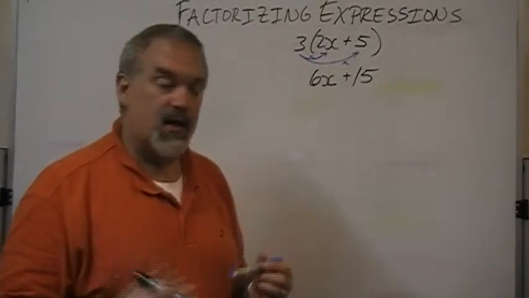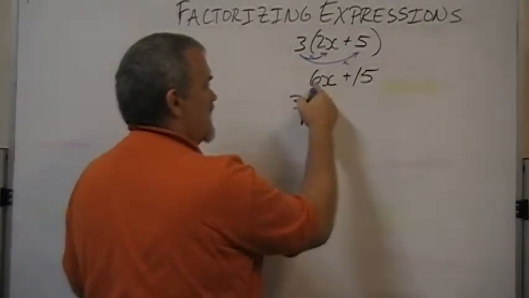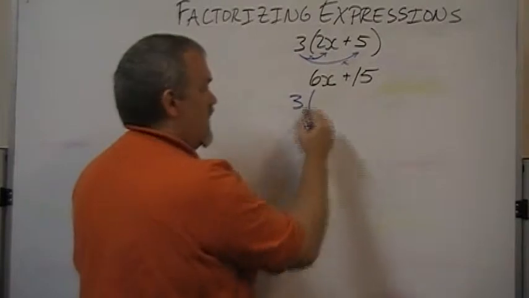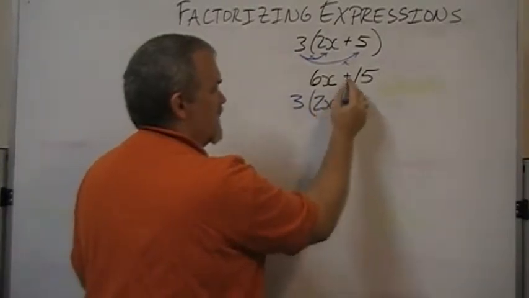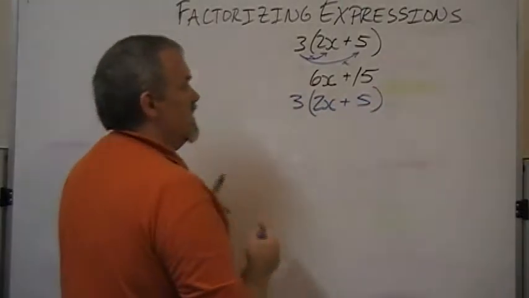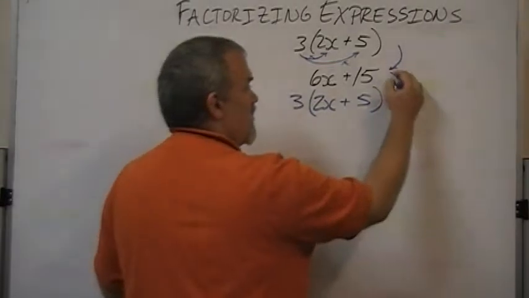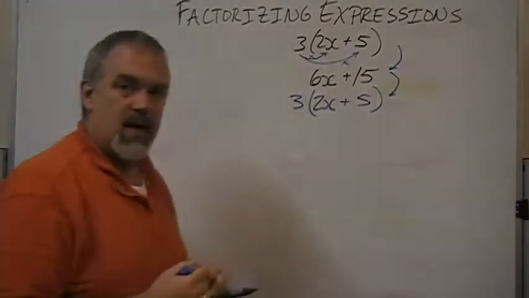Well, it's 3. So we say 3, and then 6x divided by 3 gives me 2x, plus 15 divided by 3 gives me 5. So this process is called expanding, and this process is called factorizing.